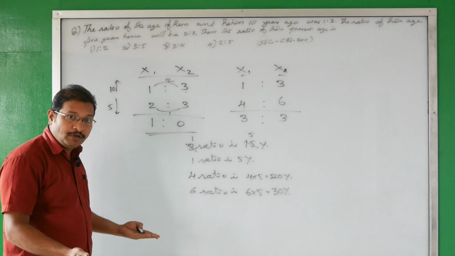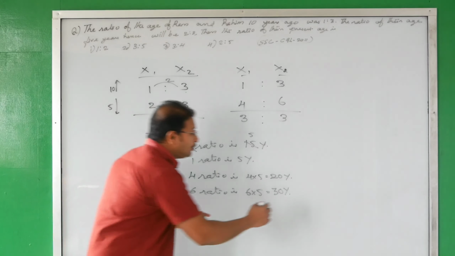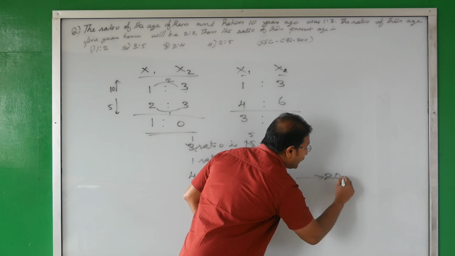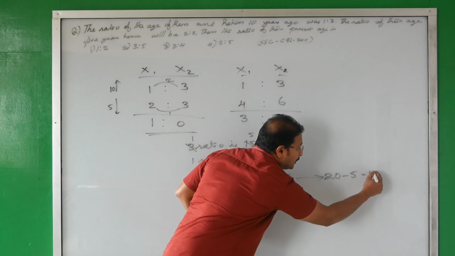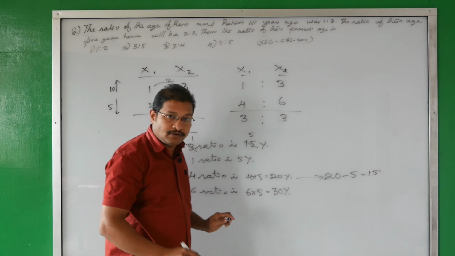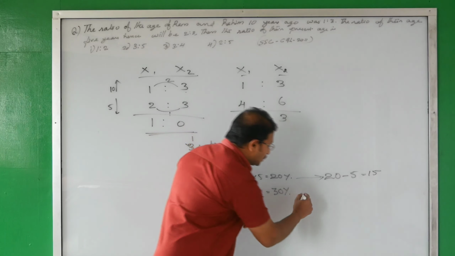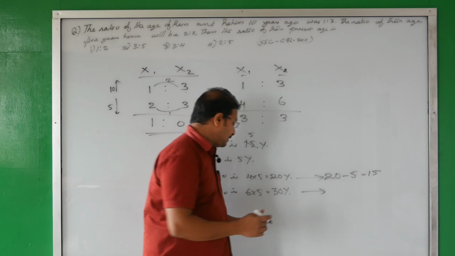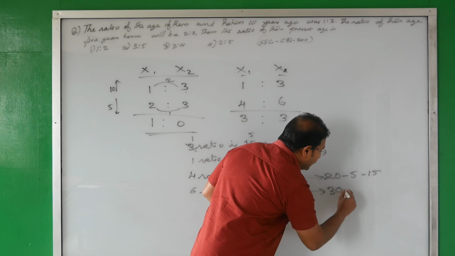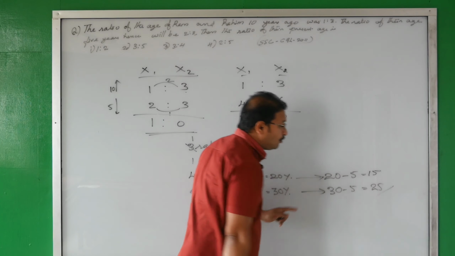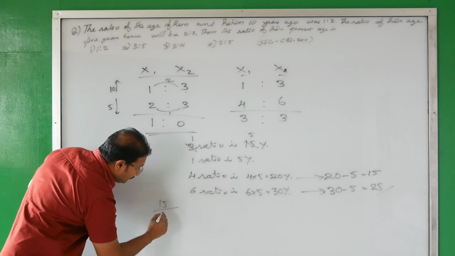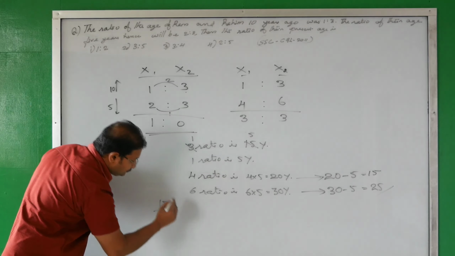So if you want the present age, you have to take Ram 1, 20 minus 5, you are getting 15. Ready? Next one, what will you do? Of course 30, so we will go for 5 years back. That means 30 minus 5. Now let's go for the ratio. That means 15 by 25.